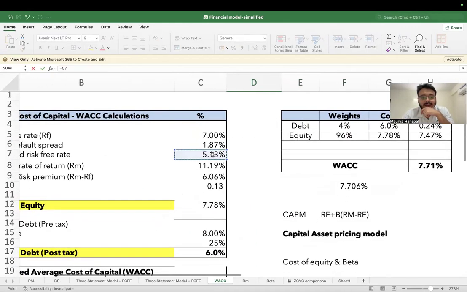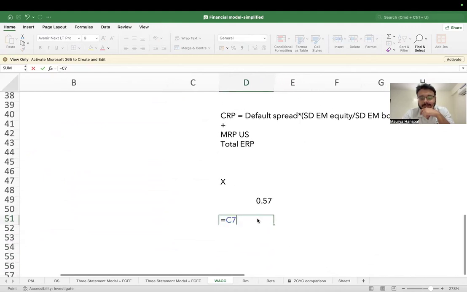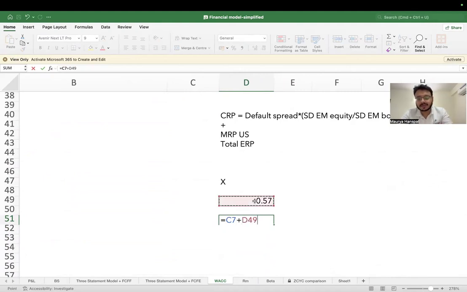The risk-free rate here is 5.13%. I've taken that, right? Plus my beta is 0.57. I can just open a bracket into what?